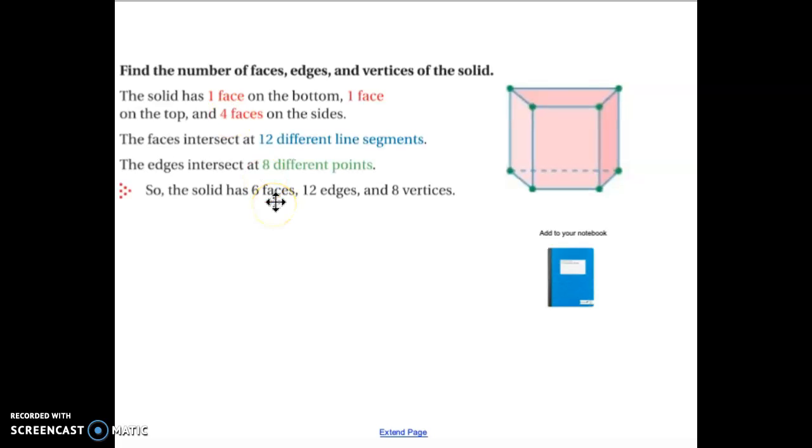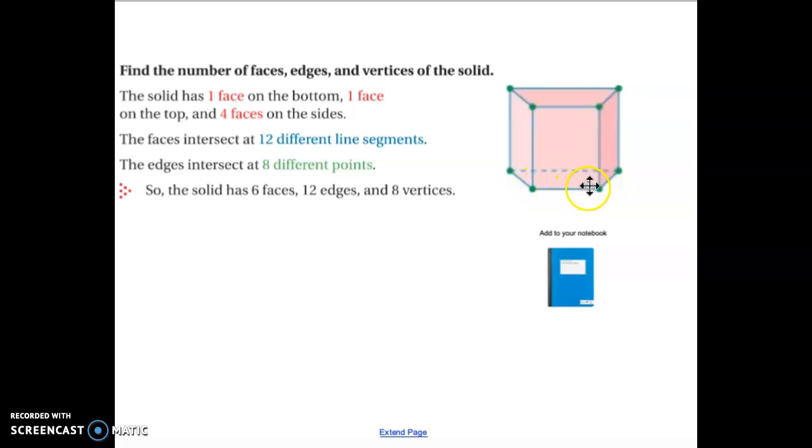All right, so the solid has one face on the bottom and one face on the top, and then it has four faces all around it in the middle section: 1, 2, 3, and then the back side would be 4. So that gives you 6 faces total. Then the faces intersect at 12 different line segments.